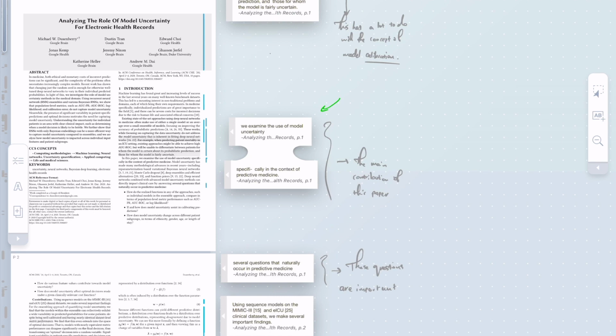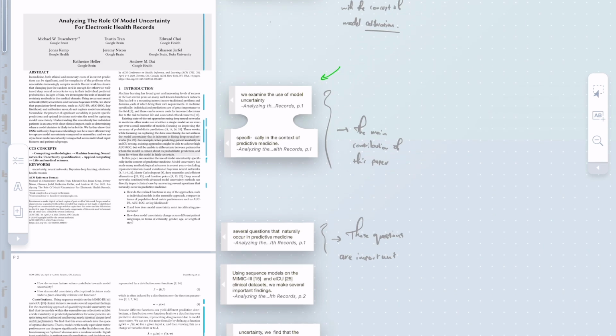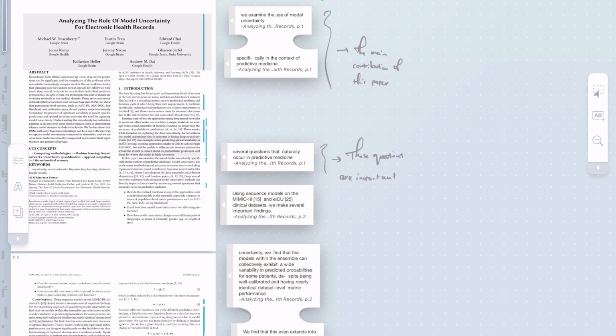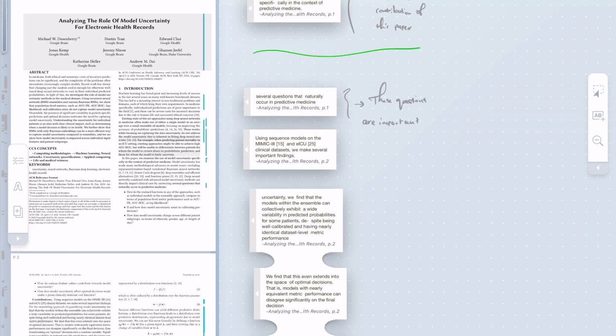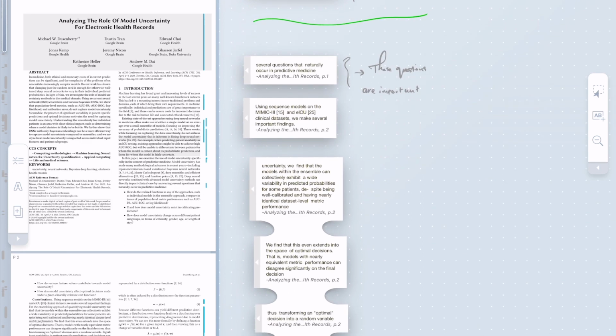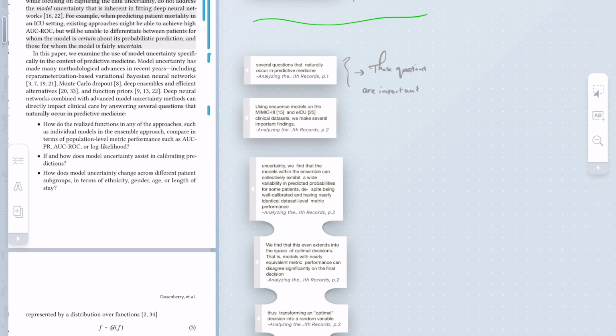So in this paper, they examine the use of model uncertainty in the context of predictive medicine. Several questions occur in predictive medicine, and they basically want to go over these questions, and these are actually important.